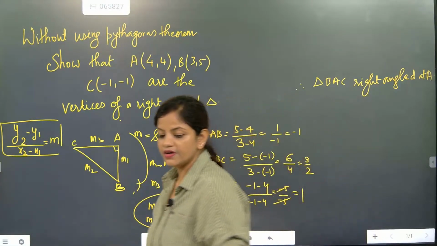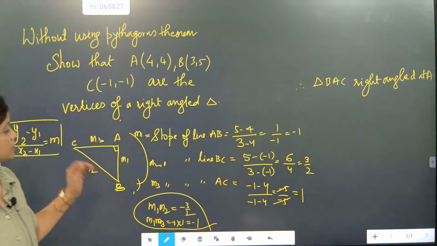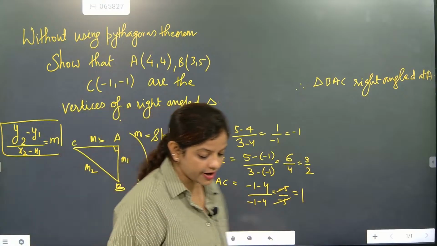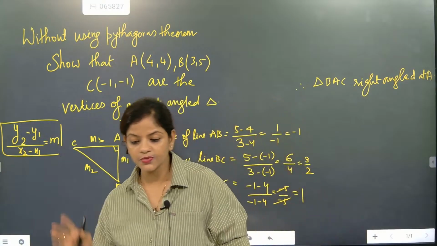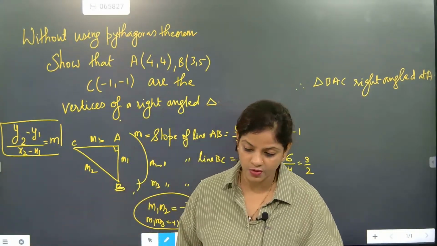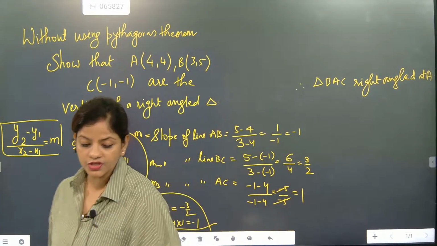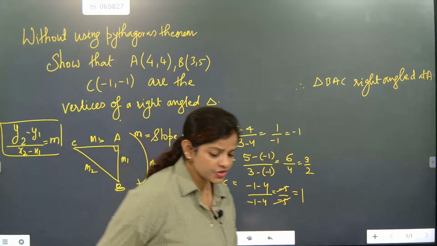I hope you have understood. This is exactly the way. We have found that it is a right angle triangle without using any conceptual things; we just use it by concept only. Are you ready for the next question?